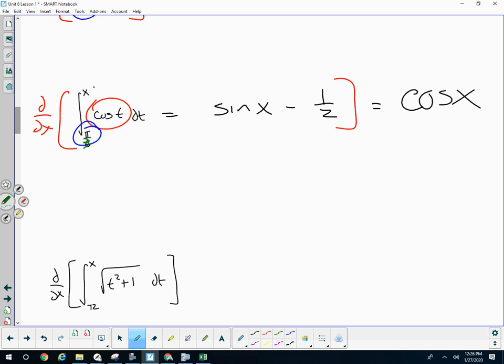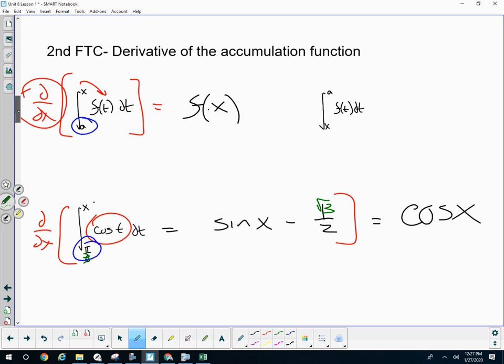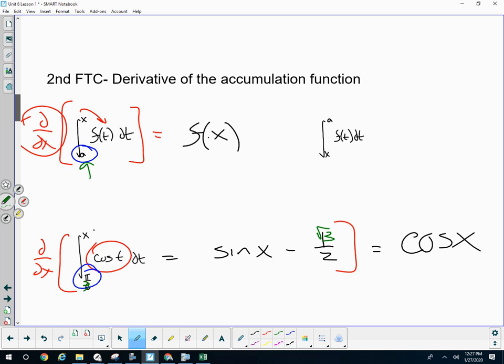No, because what it ended up being is sine x minus root 3 over 2. It's just our antiderivative with a number plugged in, which is a number. The derivative of the number is 0. So please write down that this a doesn't matter when we're taking the derivative. It does when we're finding values.